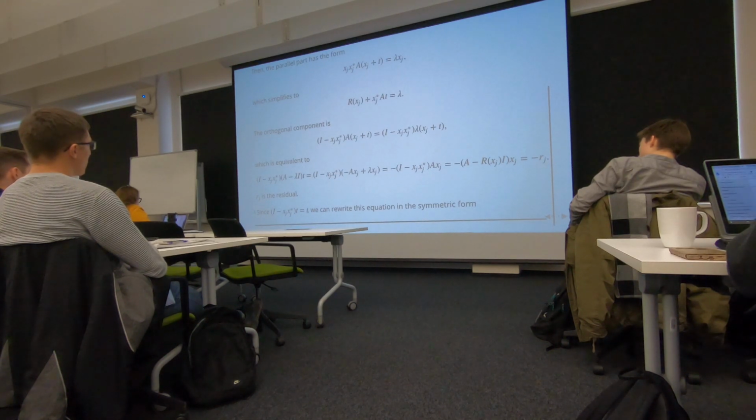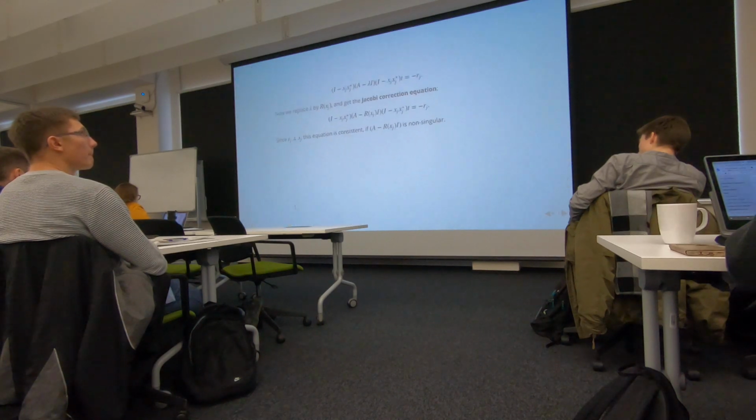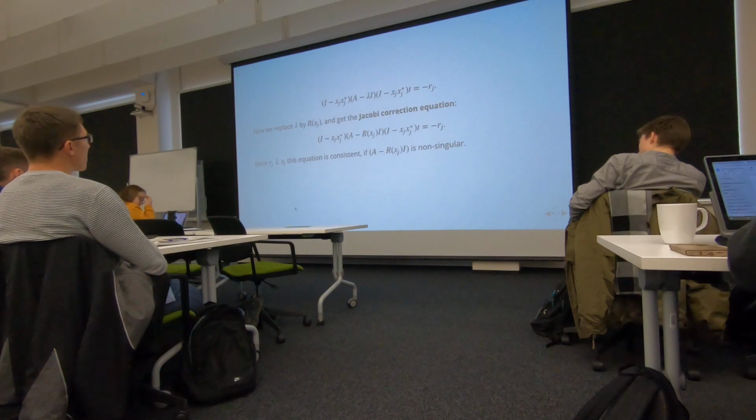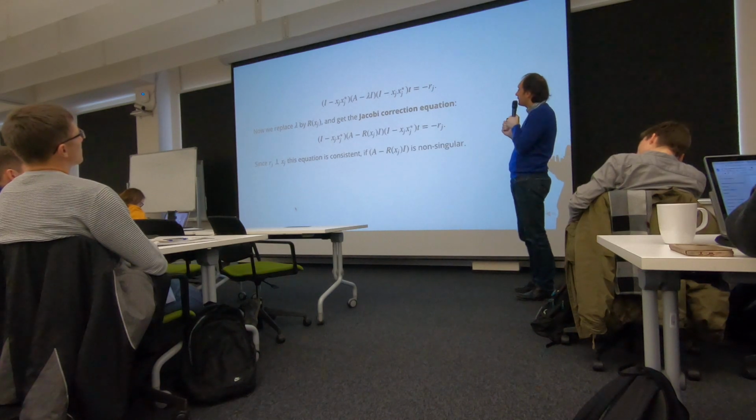We also have this orthogonality property. This is exactly the property that t is orthogonal to x_j. So we can rewrite this in a more symmetric form. This is the equation for the correction: a shifted original matrix framed with two projectors equals the residual.